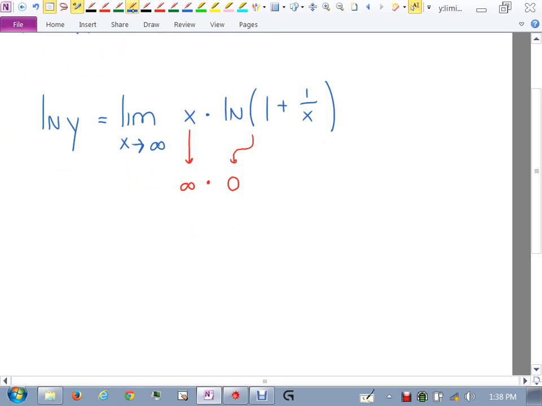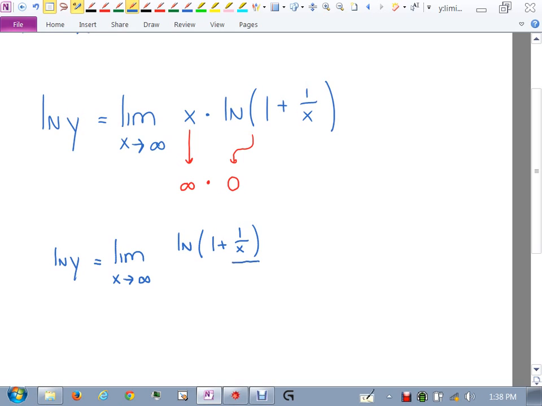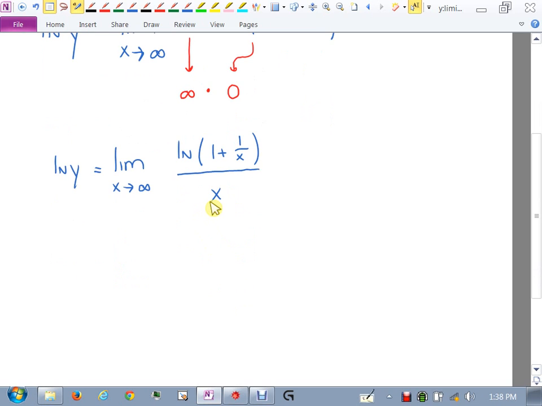So we have natural log y equals the limit as x goes to infinity of natural log (1 + 1/x) all over what? x, right? No, don't make that mistake. You don't drop x down, it stays x. That's impossible. It has to be 1 over x.